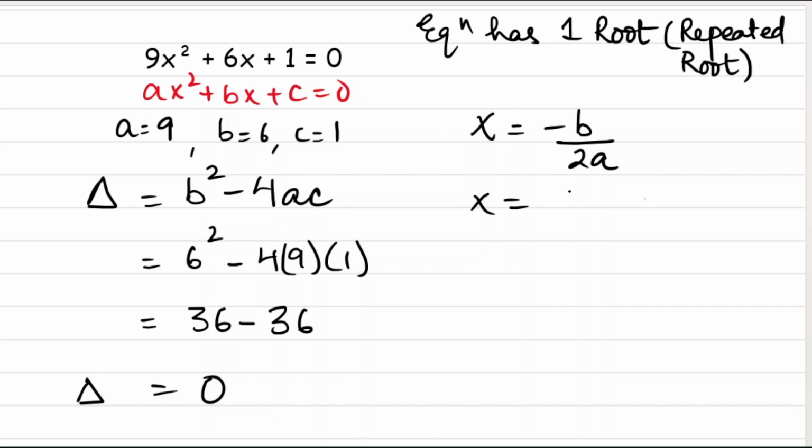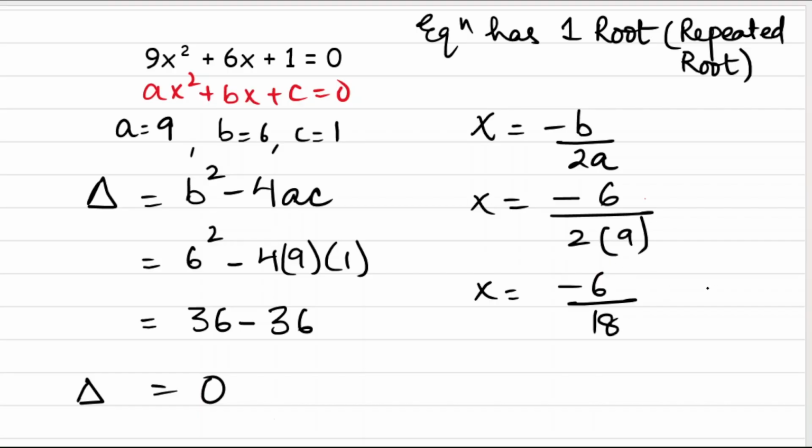So x equals minus, what is the value of b? It's 6. So minus 6 over 2 times a is 9. So x equals minus 6 over 2 times 9, which is 18. And on simplifying it, I'll get minus 1 over 3. So x equals minus 1 over 3 is the solution of this equation.